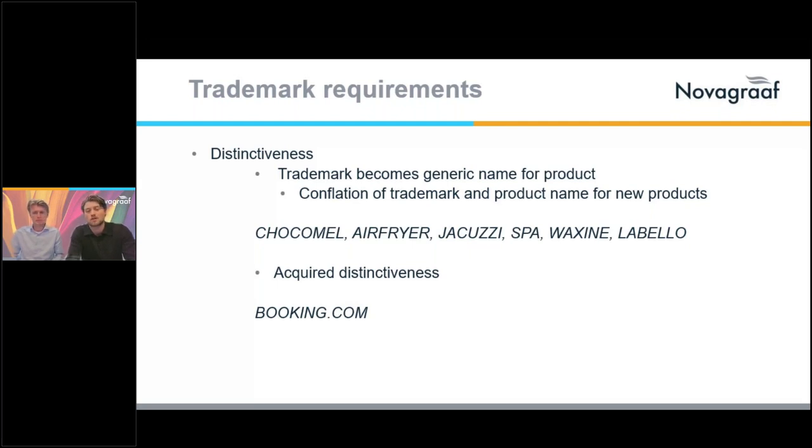So booking is quite descriptive and .com is very generic. But still, when they applied for the trademark, they were able to prove that the public can still distinguish their services from other companies. So still they obtained a trademark right and registration.